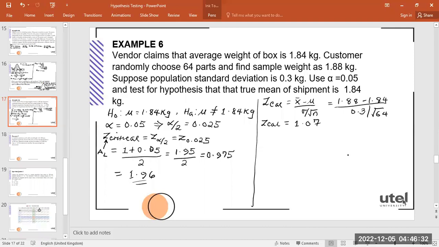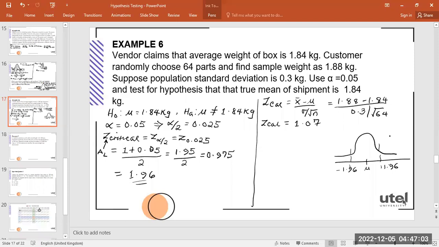And then this could be represented pictorially like this. If we have, as usual, our Z distribution curve, then we are going to have 1.96 and minus 1.96 here.